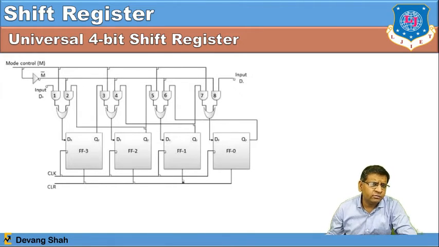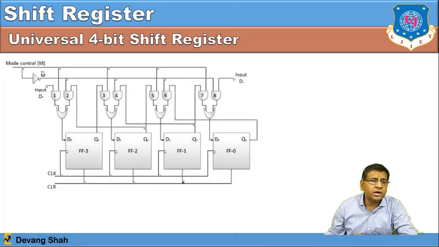Now this is a kind of shift left or shift right based on the mode of operation M. If you apply M equal to 1, let's say the data is shifted in the right direction. Same way, if you take M equal to 0, the data is shifted to the left position. So in that way, you can design a universal 4-bit register just by introducing a mode control signal in this particular universal 4-bit shift register, right?